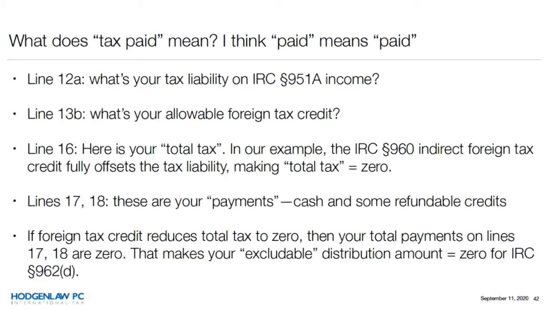The short summary of that is: don't immediately think that if you have a computed tax liability on Subpart F income and a computed tax liability on global intangible low-taxed income of X, you're going to automatically have X, that same dollar amount, as an excludable non-taxable dividend from the CFC to the shareholder. If there is any foreign tax credit that offsets that X number, that's going to reduce the excludable distribution amount all the way down to zero if that's how much foreign tax credit you got.